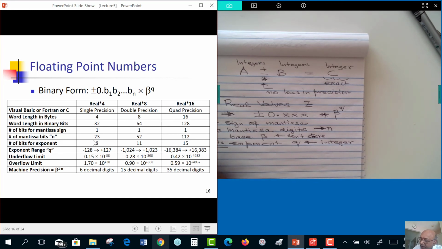So when we have a 32-bit real value, and we can use 8 bits for storing this integer q, our range of the integer q would be, remember, 2 to the power 8 over 2 positive. We borrow 1 from the positive side. 2 to the power 8 over 2 on the negative side.